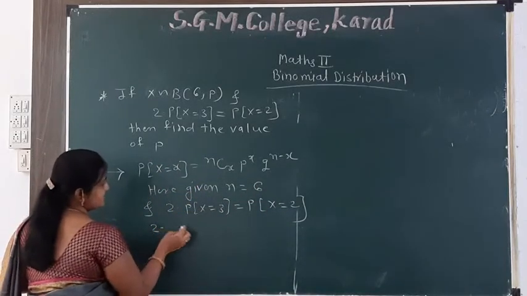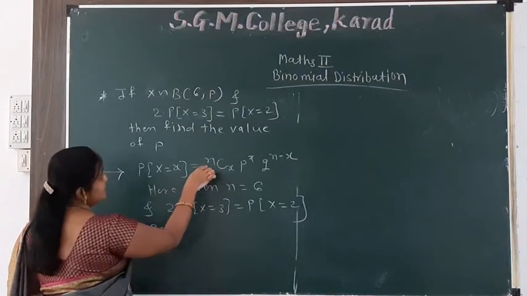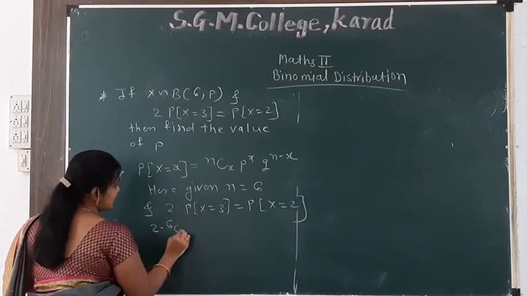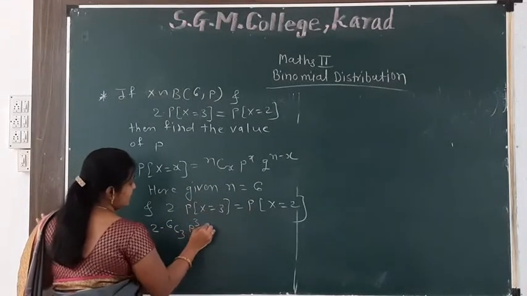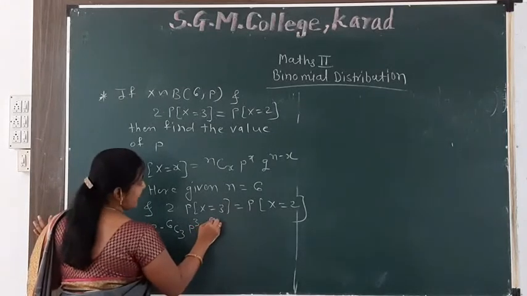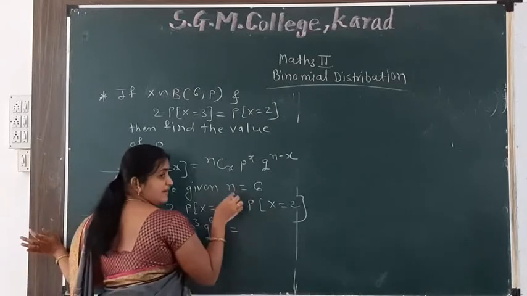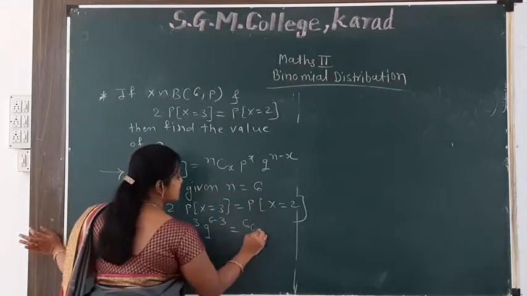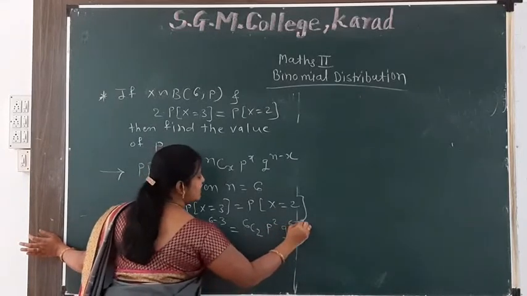So 2 as it is, and wherever there is small x we substitute 3. What is n here? 6. So 6C3, p as it is raised to the power 3, q raised to the power 6 minus 3, is equal to, with the same formula and n equal to 6, 6C2, p raised to 2, q raised to 6 minus 2.